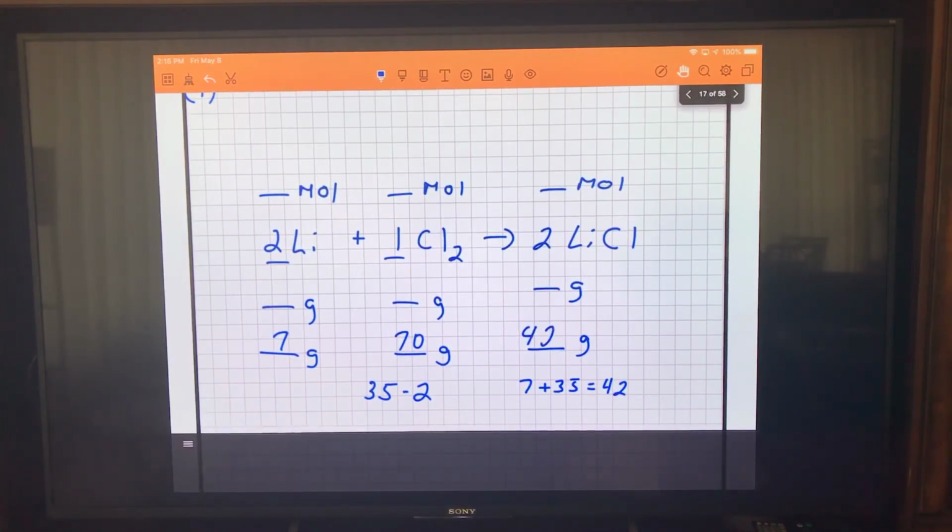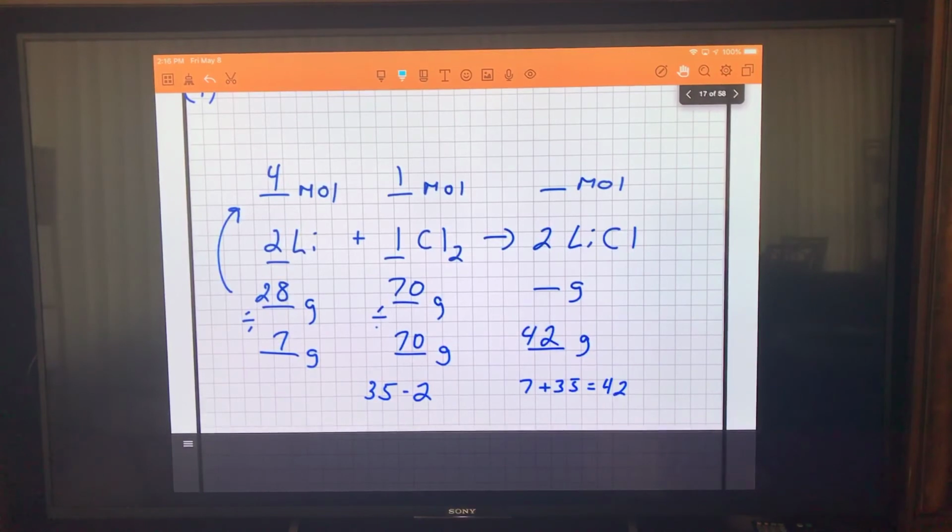We had to add each one of these independently. Then I go for what I'm given, 28 grams and 70 grams. I pretend there's a little division going on right here. 28 divided by 7 is 4. 70 divided by 70 is 1.